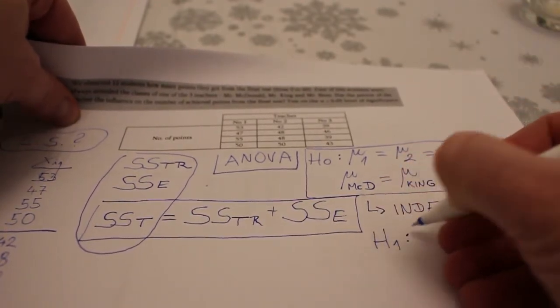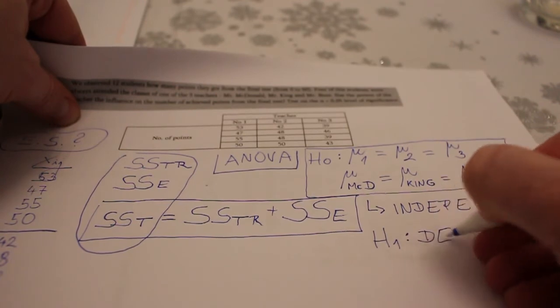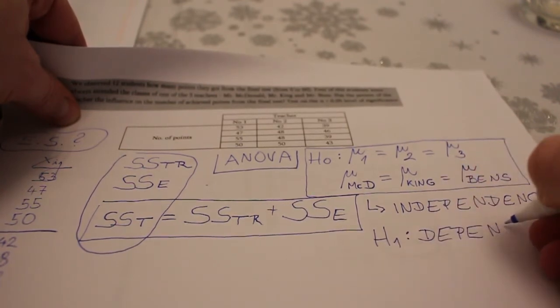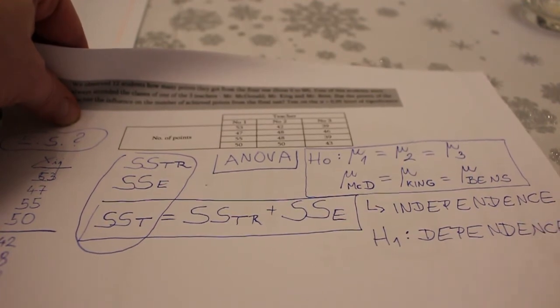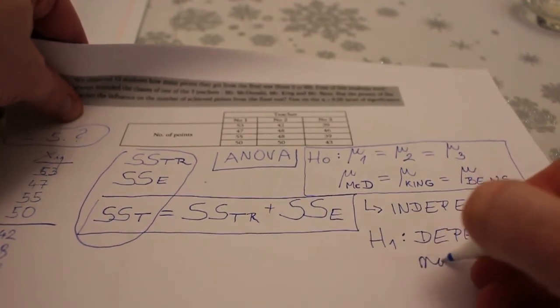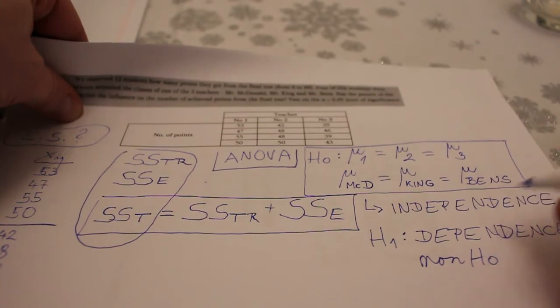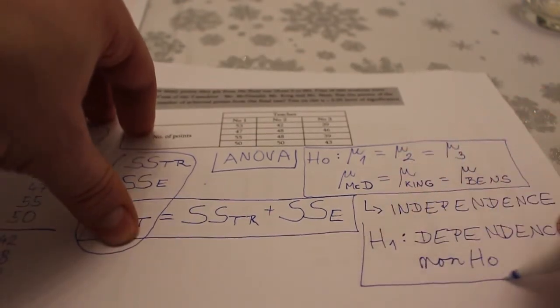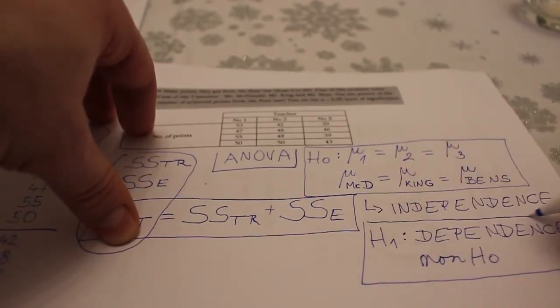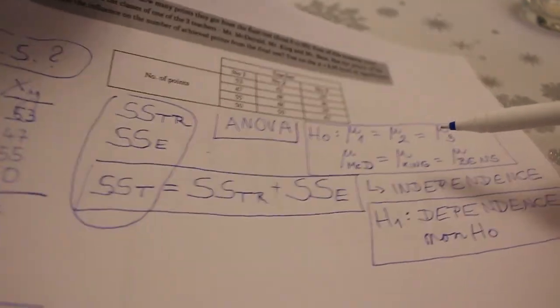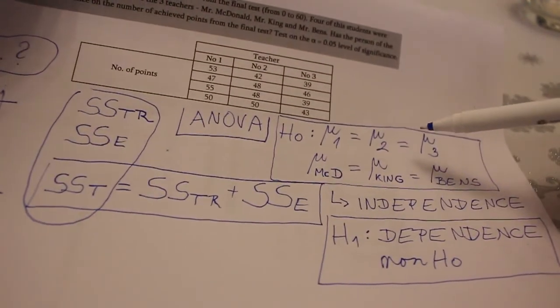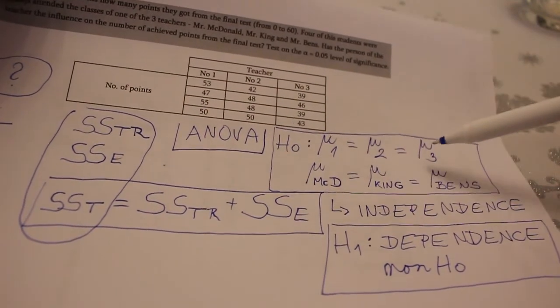The alternative hypothesis is dependence, which we can also write as non-H0: at least in one case, the mean is statistically significantly different.